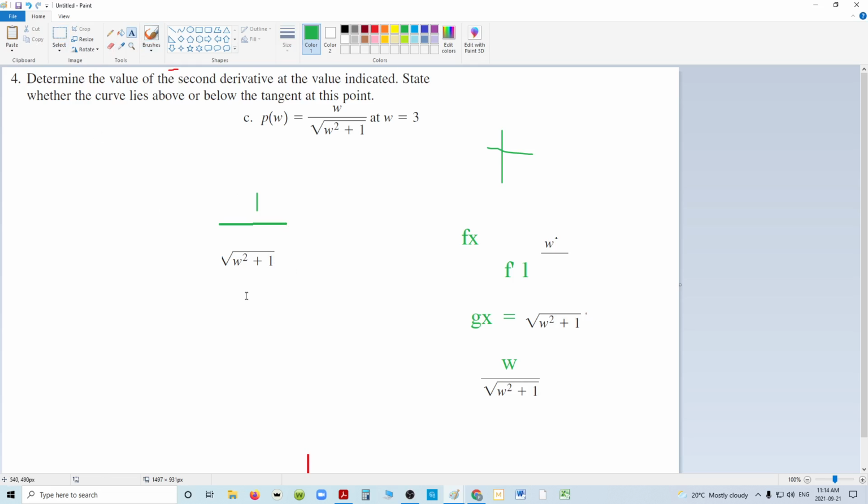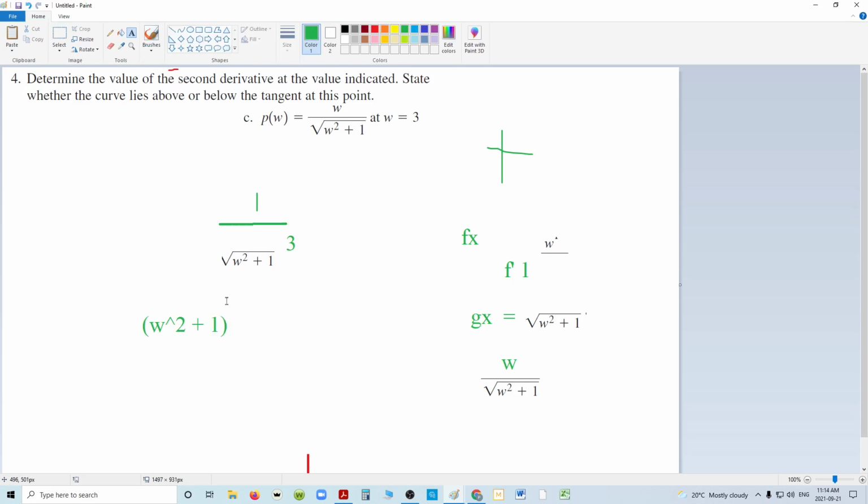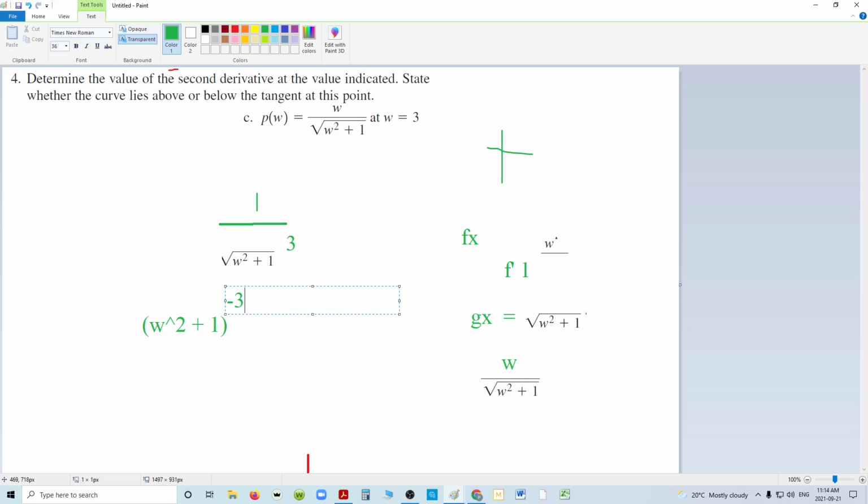If you want to express that in brackets, you can do this. It becomes w squared plus 1 to the negative 3/2.